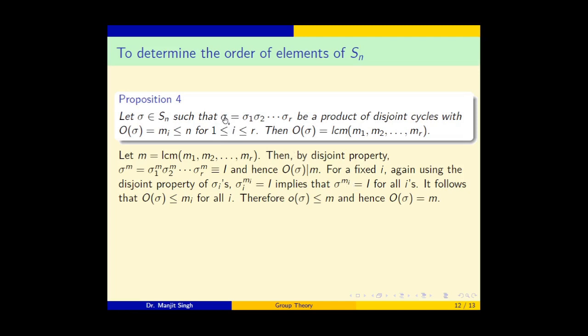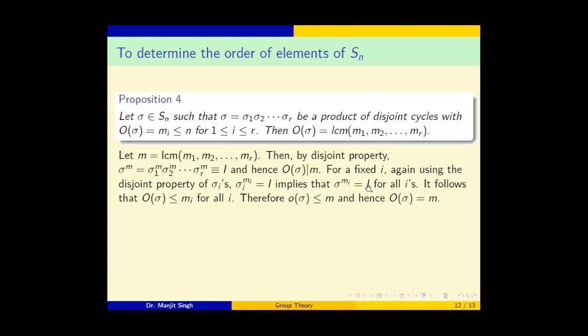Because if you compute the image of any element x under sigma to the power mi, then it will be sigma r to the power mi applied to x. But sigma r is disjoint from sigma i, so it will give no change in x, and finally it will reduce to sigma i to the power mi, and finally it will be the identity element.